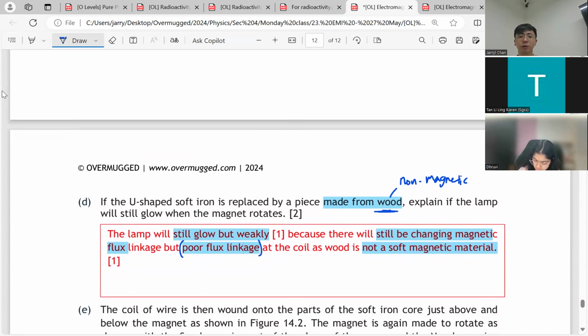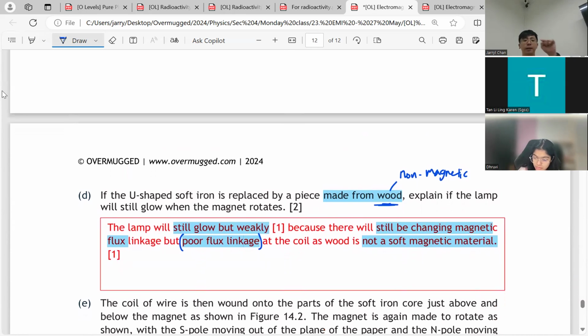That's why it will glow weakly. So the conclusion to this, which you should wrap up your answer with as well, is therefore the induced EMF drops. That's why it led to the lamp glowing more dimly.